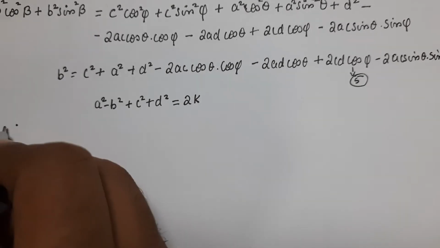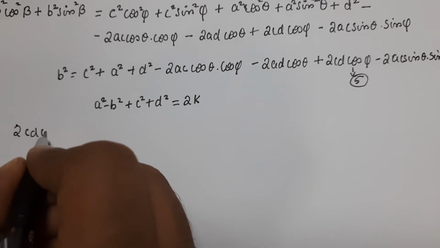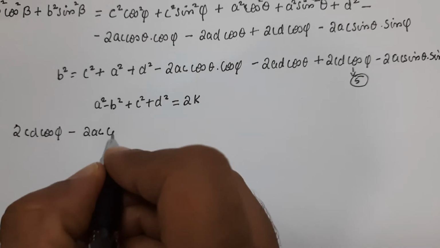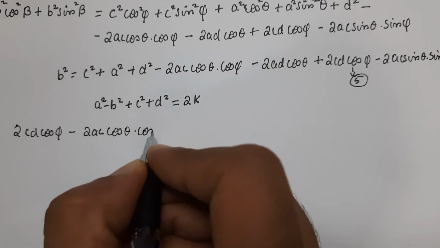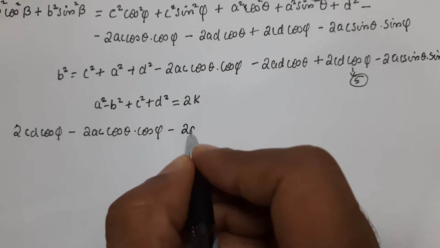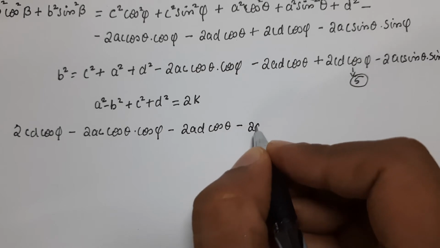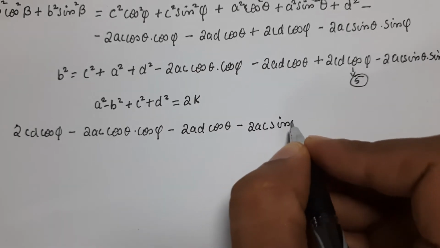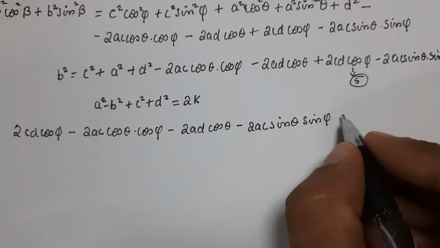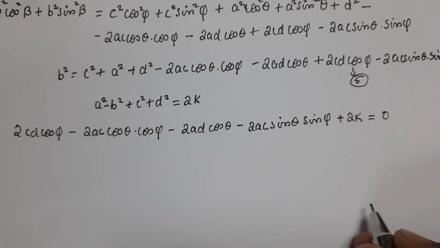Taking this positive side here, that is 2 cd cos phi minus 2ac cos theta cos phi minus 2 ad cos theta minus 2ac sin theta sin phi plus 2k is equal to 0.